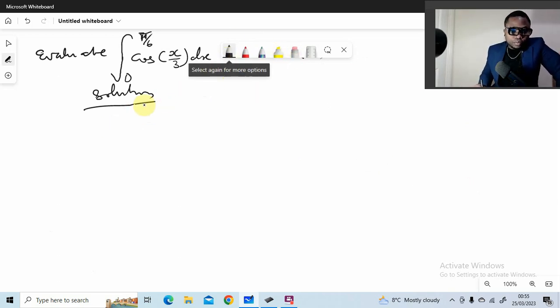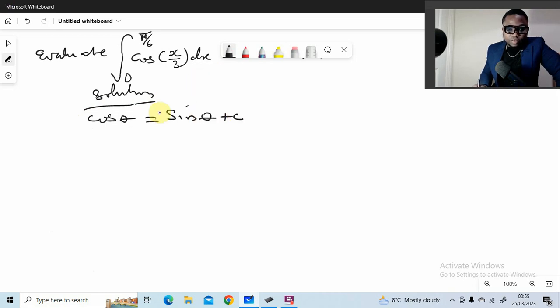Now, always remember that we know that the integral of cos theta is equal to sine theta plus c. We can bring out this expression as cos x over 3.